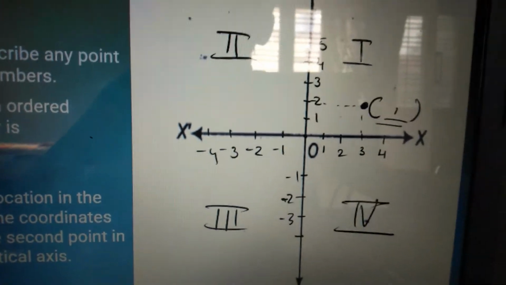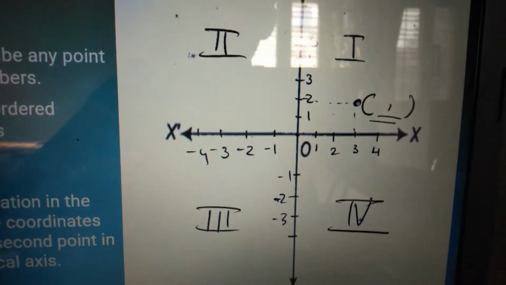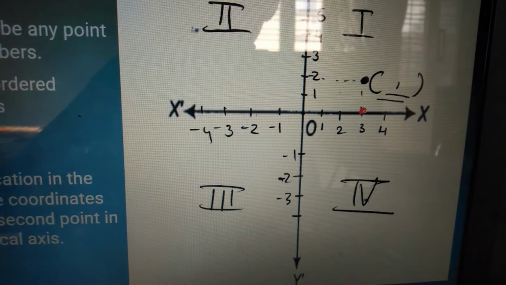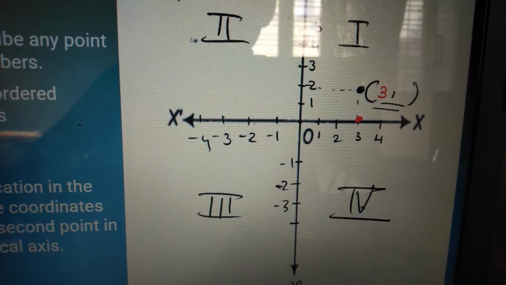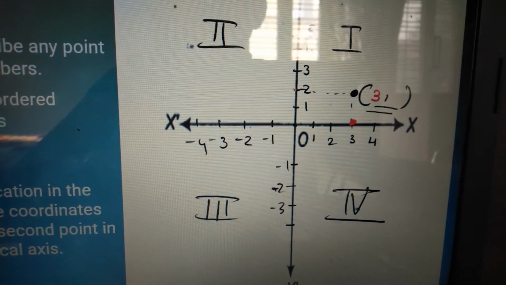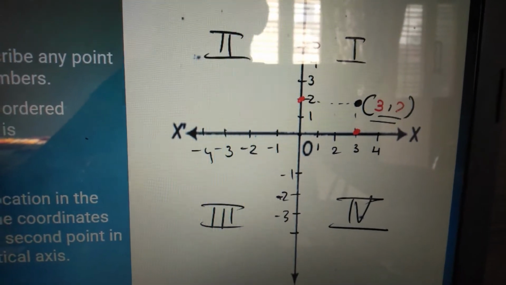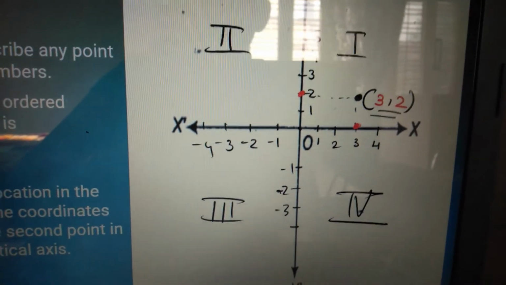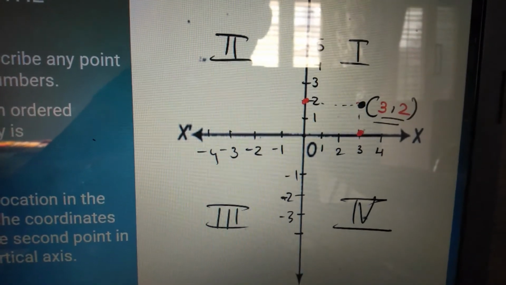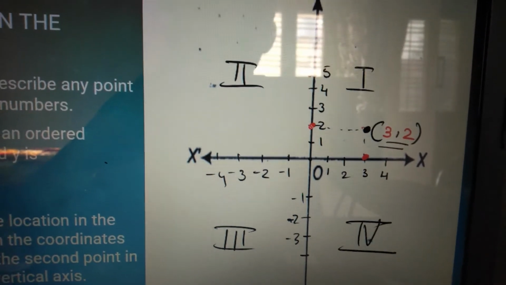So what will the number be? The x coordinate will be the number lying on the x axis. Here you can see that it is 3, whereas for the y coordinate it is 2, right? So 3 comma 2. Basically this point has the x coordinate as 3 and y coordinate as 2.